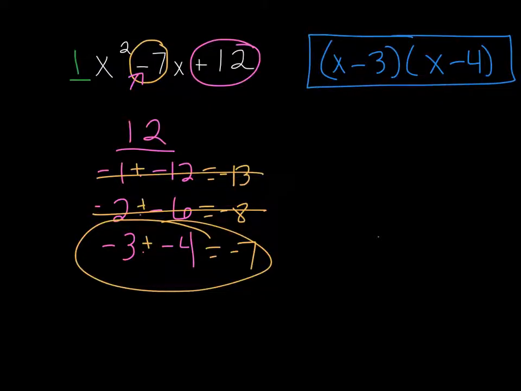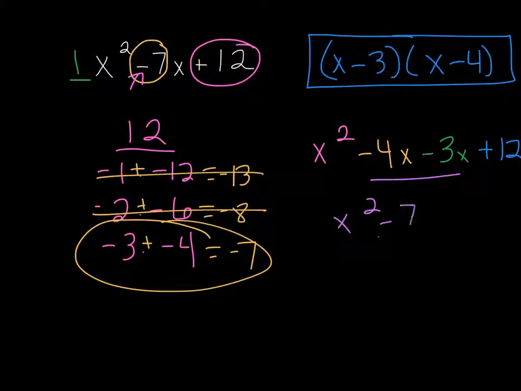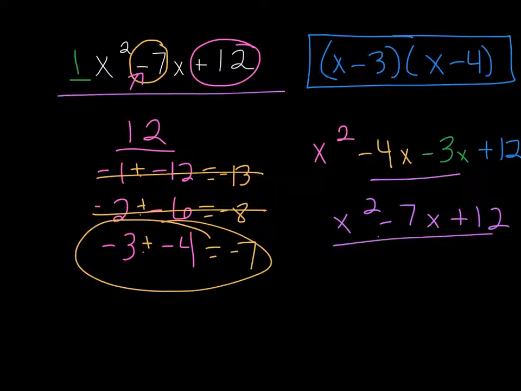And let's go ahead and FOIL to check. The first terms are x squared, the outer minus 4x, the inner minus 3x, and the last plus 12. Combine our middle terms: x squared minus 7x plus 12, which is what we're looking for. So our answer is correct.